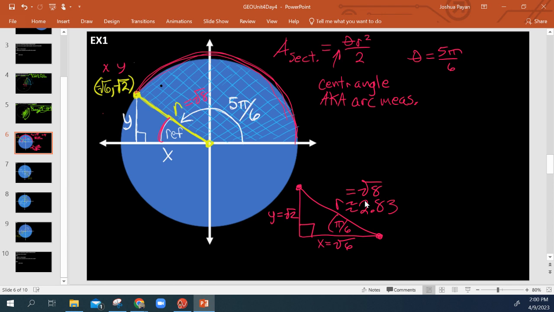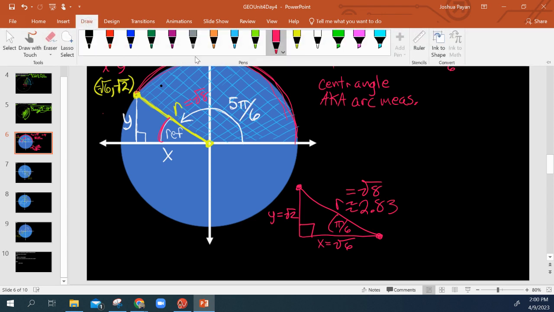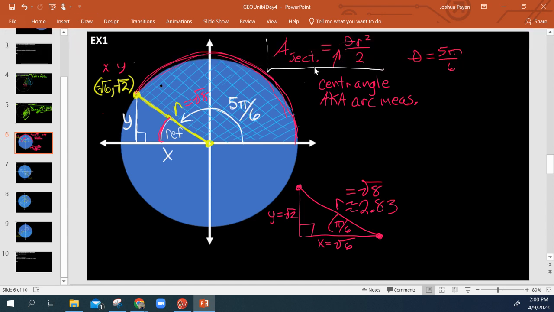Another way we could have done this is with sine or cosine, but again, the most straightforward way is what I'm going to use in this video. Now I'm just going to plug into my formula right here. I'm going to switch colors so we don't get too bland.